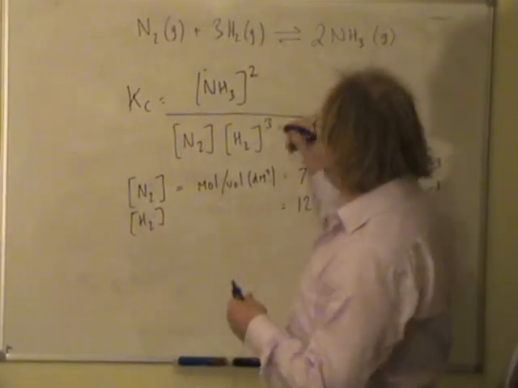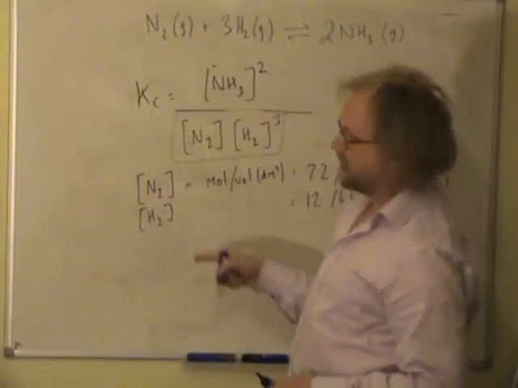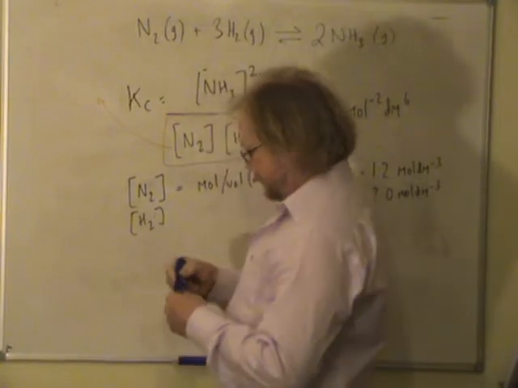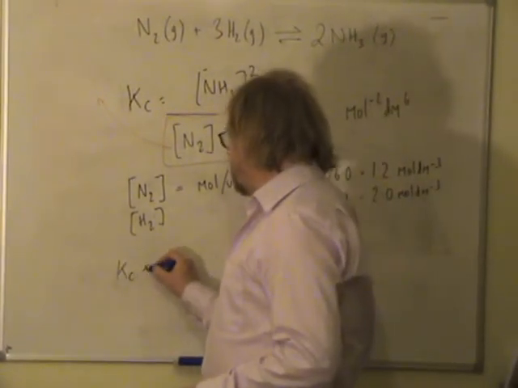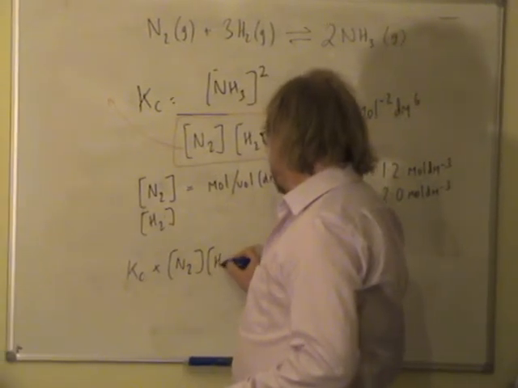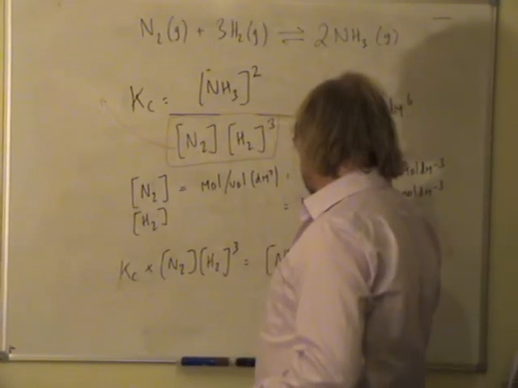So remember, the things on the bottom need to be moved over to the other side, and they move diagonally across like that, so we can get the Kc times N2 times H2 cubed is equal to NH3 squared.